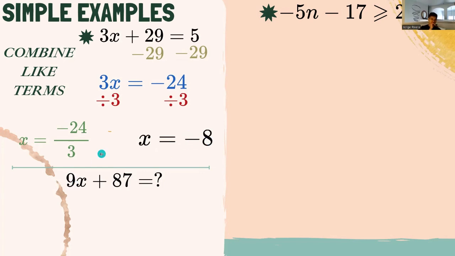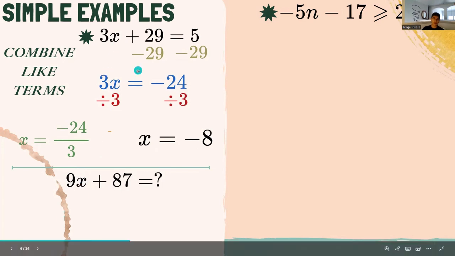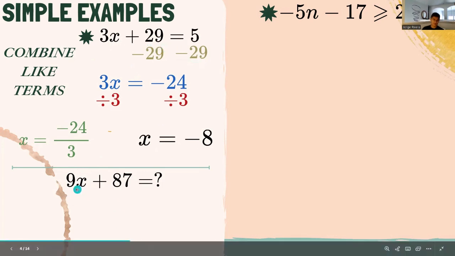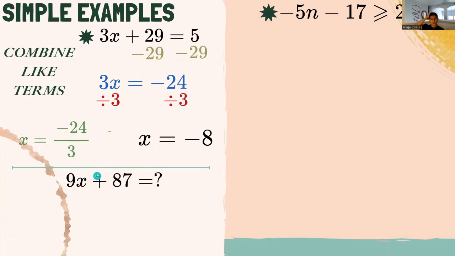Now, if we assume that the x value is the same for both of these, and we have this equation, 3x plus 29 equals 5, and also this other equation that looks pretty similar, then whenever we look at two different equations, we have to look at how related they are to each other and how they look.